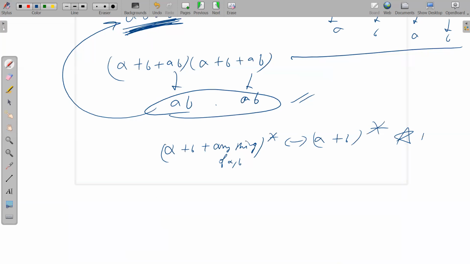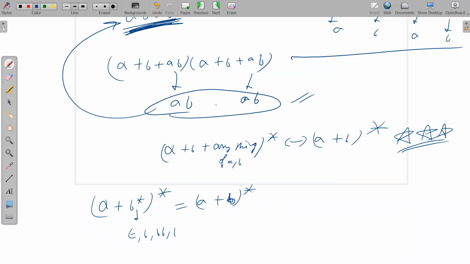This is a very important identity, and I can say it like this also: (a plus b star) star will obviously be equal to (a plus b) whole star. Why? Because b star means what? Null plus b plus double b and so on. So see, expand b star: null, b, double b, triple b, dot dot dot. So what? a is already present, b is present.